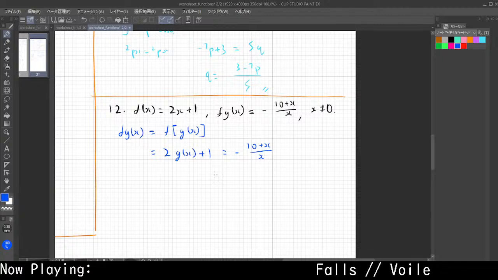So you want to isolate g(x) as per normal. Plus 1 moves over to become minus 1.